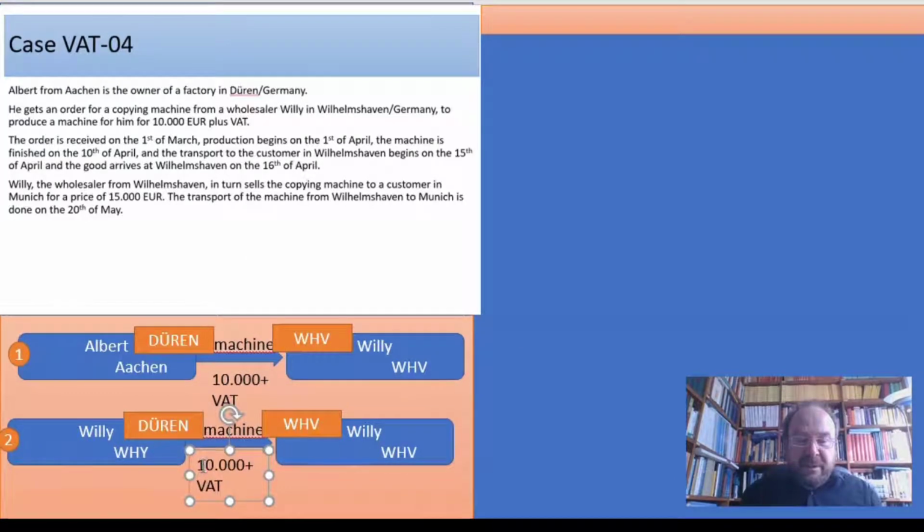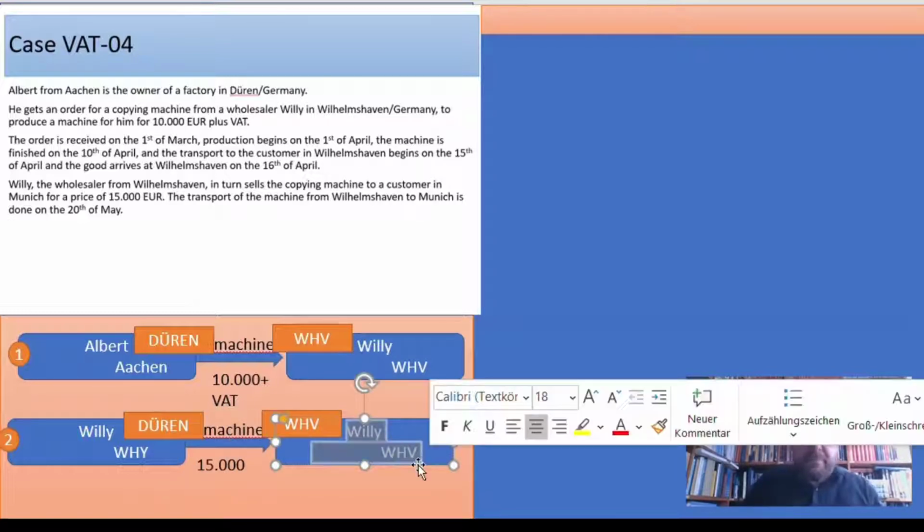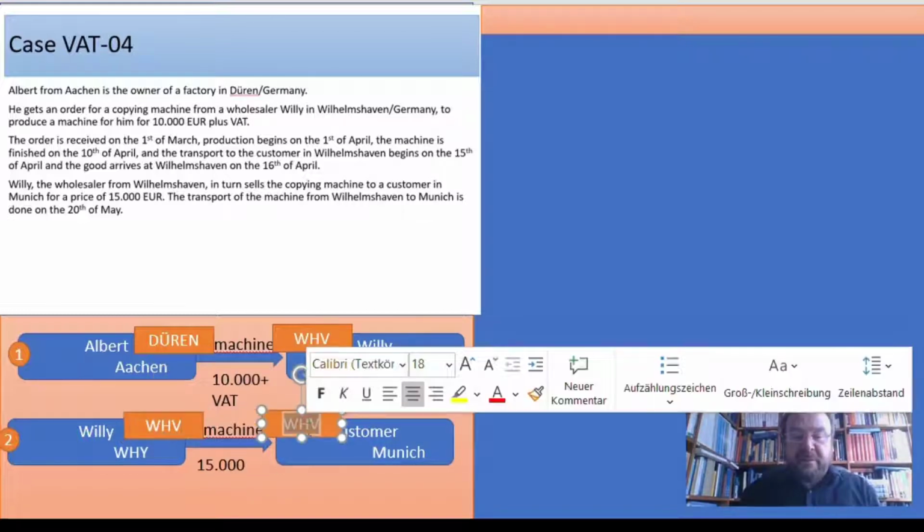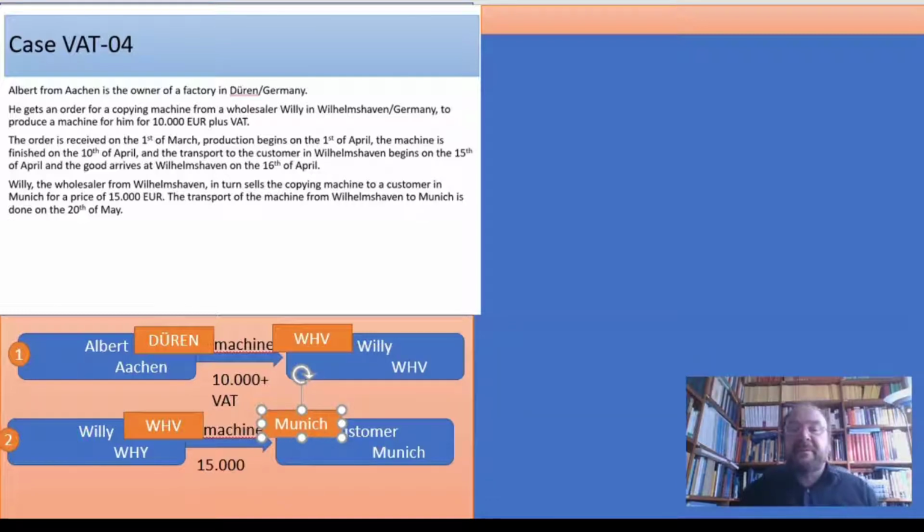By the way, here the text does not say 15,000 plus VAT, but 15,000. To a customer in Munich, and the good is transported from Wilhelmshaven to Munich. So that's everything that happens here. We see there are two contracts in the case, so two events are going on, and we have to comment on one after the other.